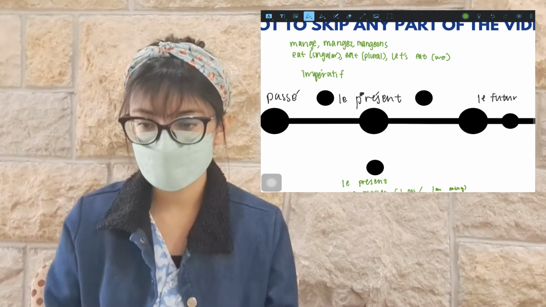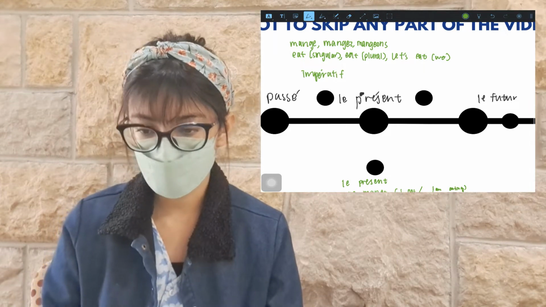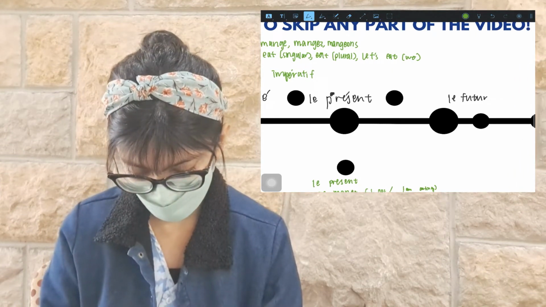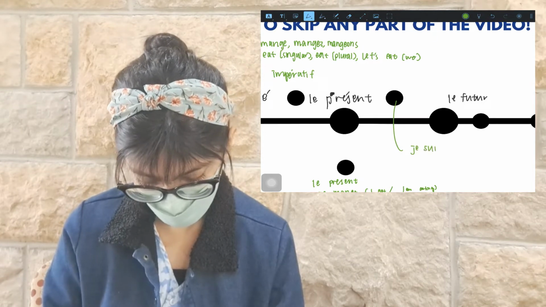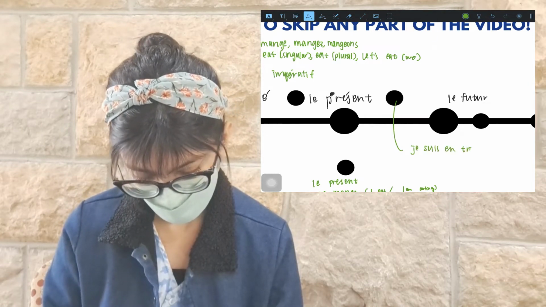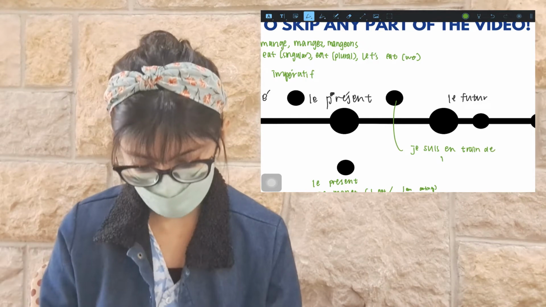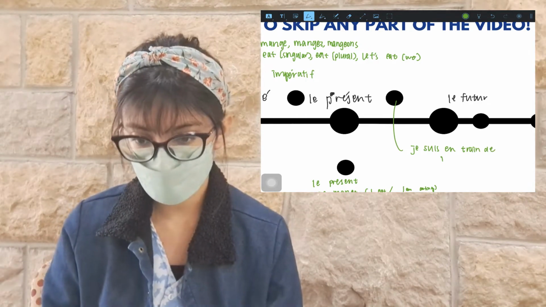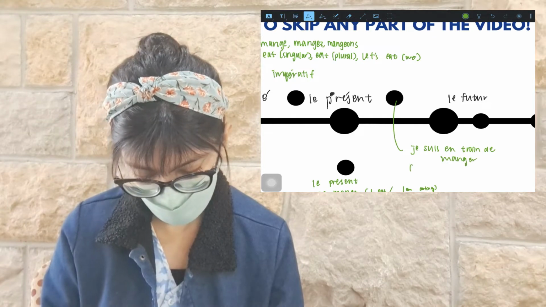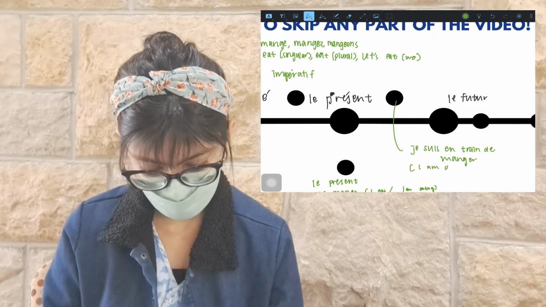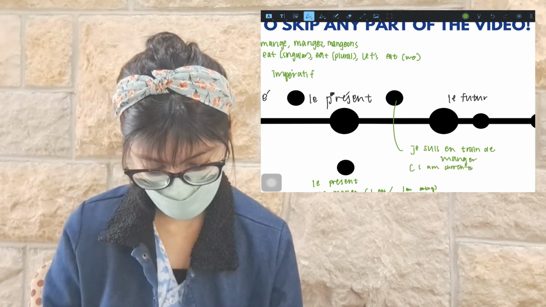Okay, the next part is je suis en train de. So what does this mean? For example, je suis en train de manger. So I am currently eating.